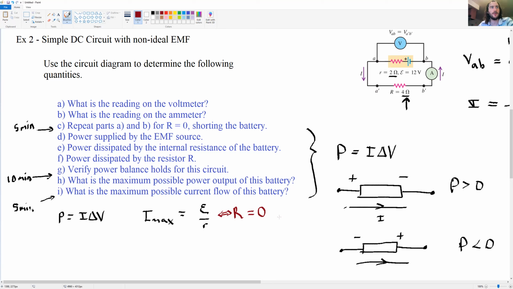So if big R is 0, then the current that's flowing in the circuit is given by E over little r. So what is that value? Well, that's something that we've already calculated. That's 6 amps. That's the maximum current flow for this circuit. And therefore, the maximum power output for this voltage source is 6 amps times 12 volts. Or in other words, 72 watts.